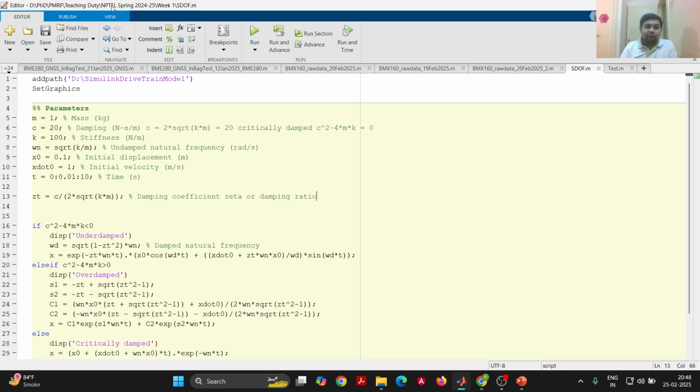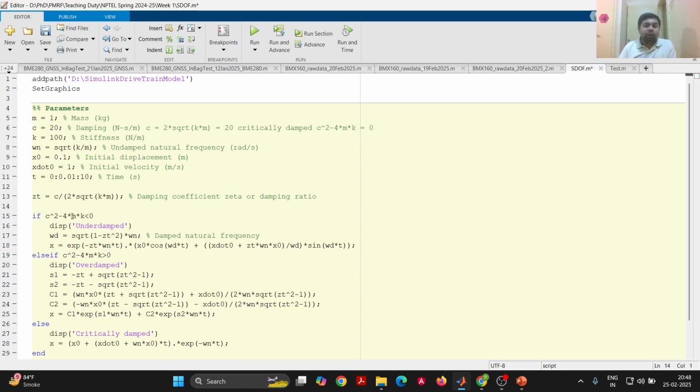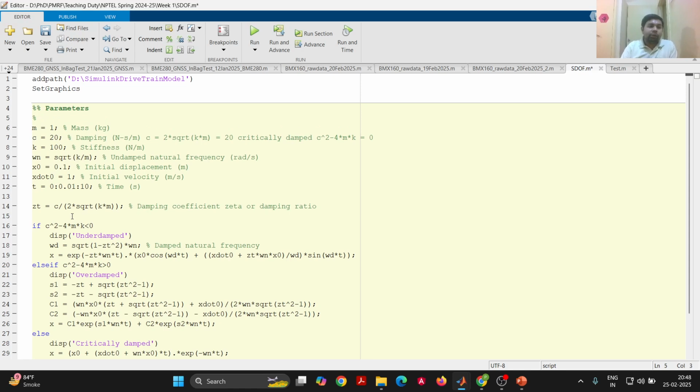You would have observed that there are some lines which look green in color. Those are called comments. Whatever text is written after typing the percentage symbol, MATLAB will understand it is a comment, and MATLAB will not execute it.